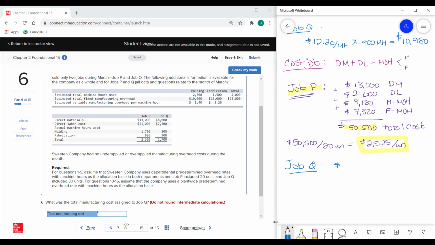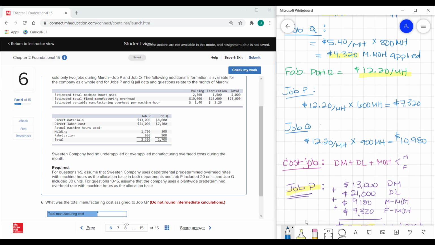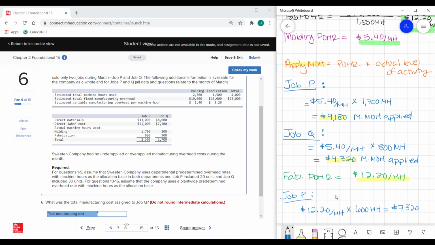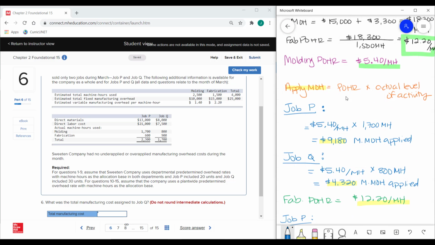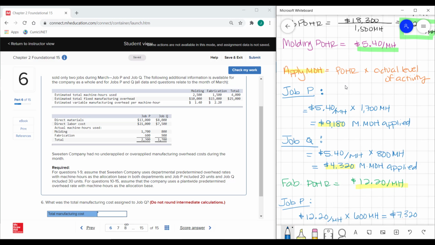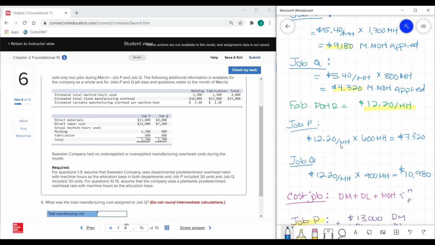So direct materials, we know how much we spent on job Q. That's $8,000. That's given to us here. And in terms of direct labor, we spent $7,500. And now we already know how much molding manufacturing overhead was assigned to the job and how much fabrication overhead. So if we go up to the top, remember we see that the amount of molding department manufacturing overhead assigned to job Q is $4,320.